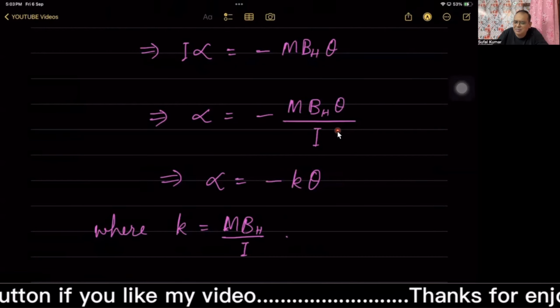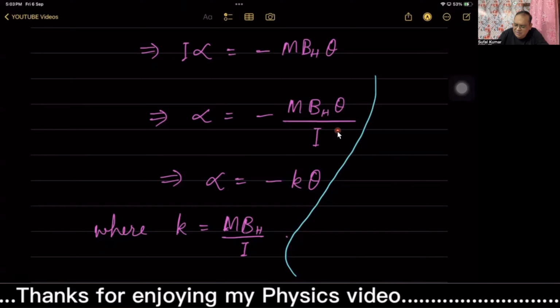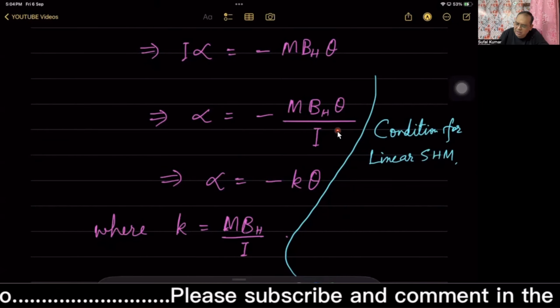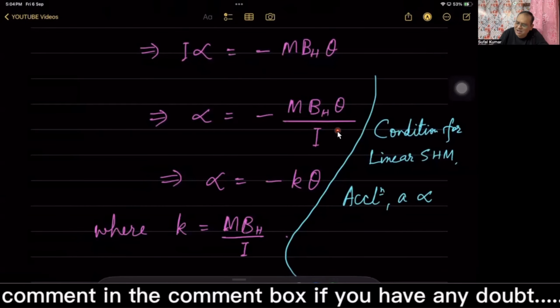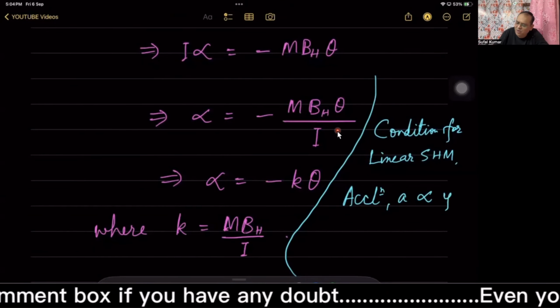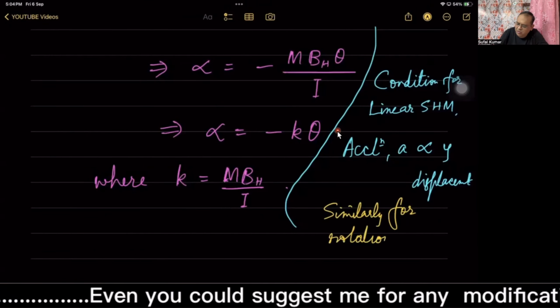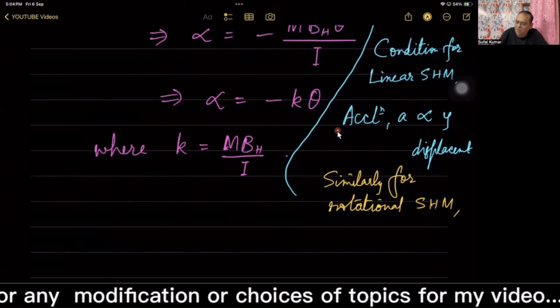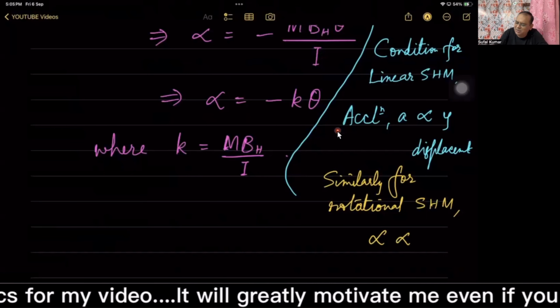Now I'll clarify for the student who has forgotten 11th physics SHM, I'll remind you: for any system to oscillate in SHM, there is a condition. For linear SHM, acceleration A is directly proportional to displacement Y. Similarly, for rotational SHM, the condition is that angular acceleration alpha should be directly proportional to theta.